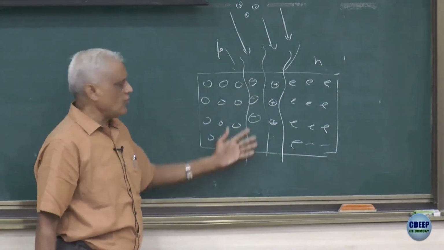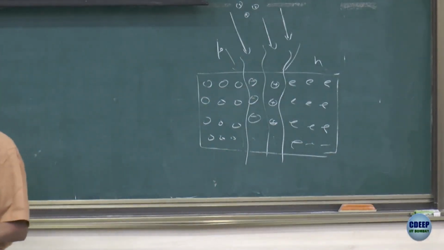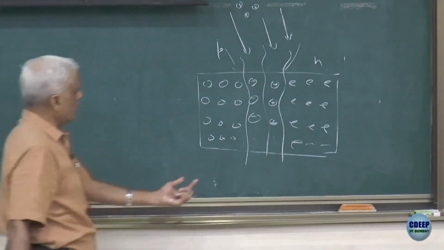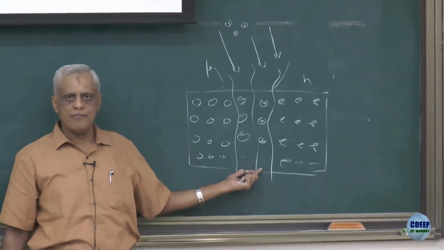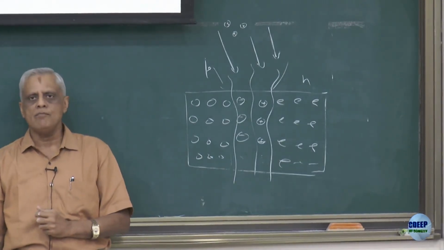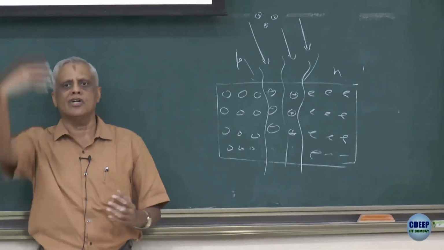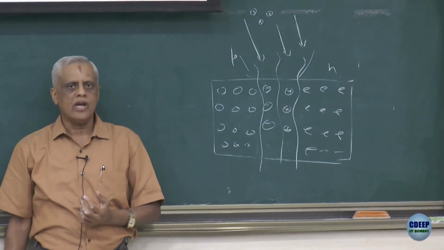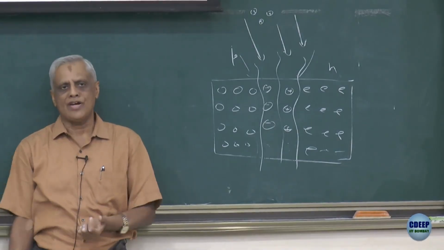So when the photons are falling, some of these particles which are bound to the parent atoms, as in this region, they will get enough energy and they will cross over in the band gap energy diagram. They will cross over from the valence band to the conduction band, okay, and they will be free to move as current.